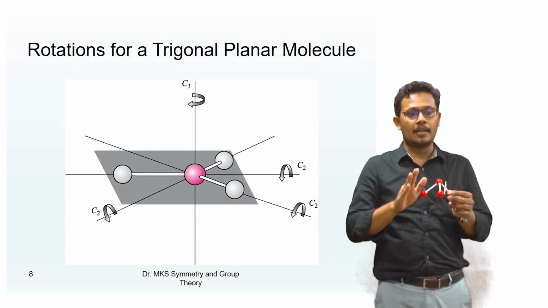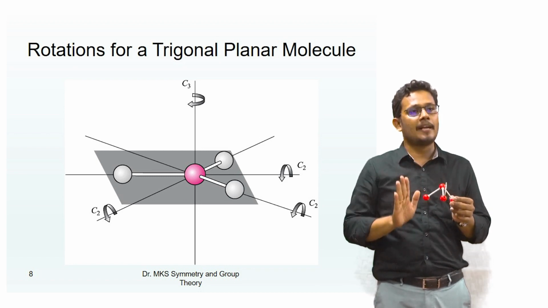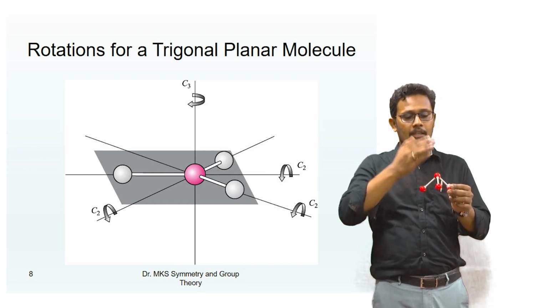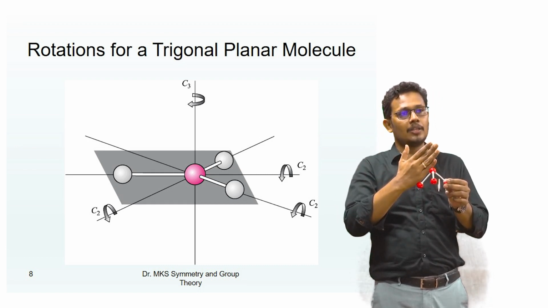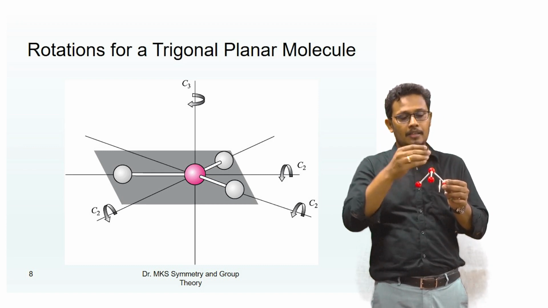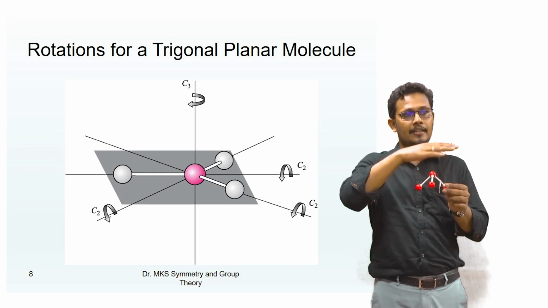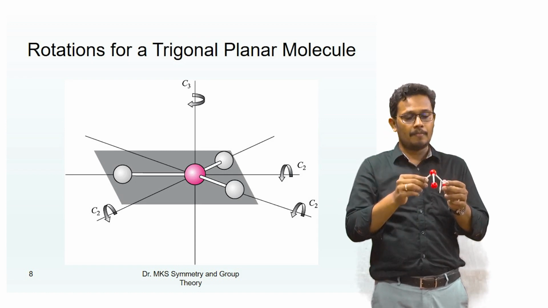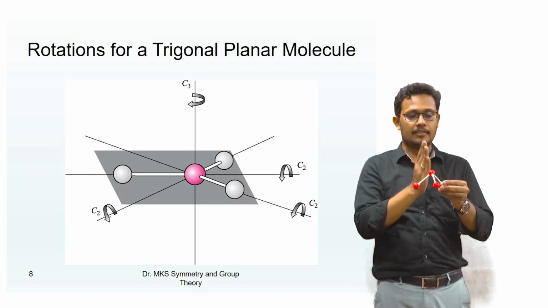A vertical plane is nothing but a plane which contains the principal axis. Along with this principal axis, you can cut this molecule into two equal halves, or if you place a mirror here, this hydrogen reflects, which confirms that it has symmetry. One sigma V, another sigma V, and the third sigma V.